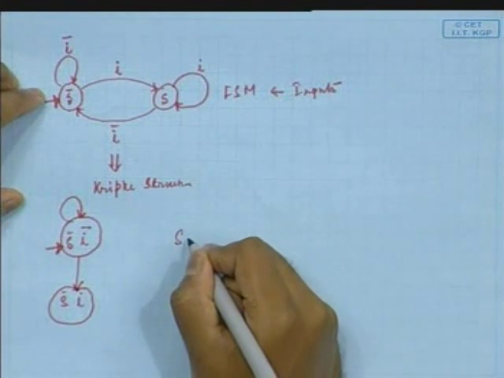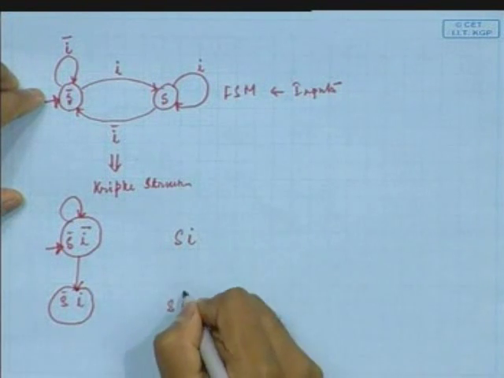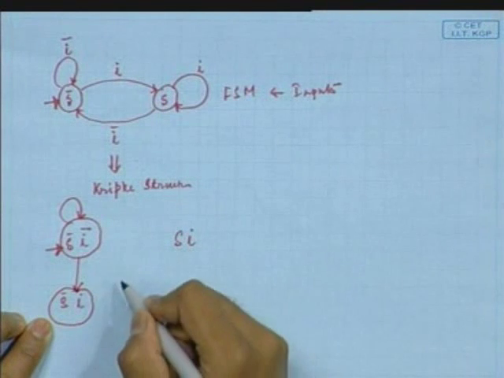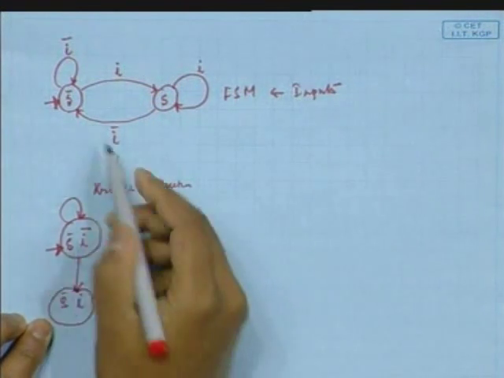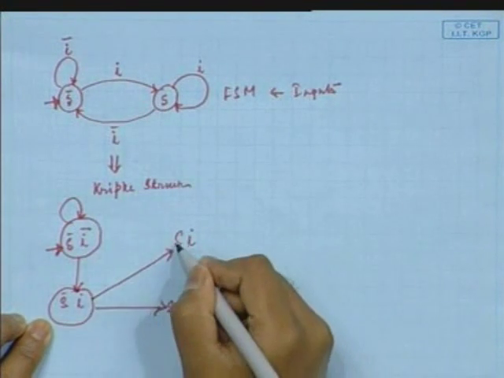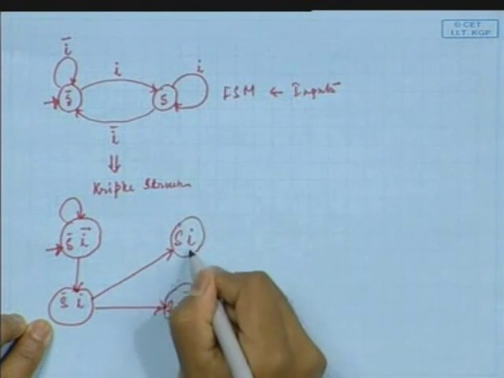Similarly we have Si here, Si bar here. Now from here Si, since if it receives input I, it has to go to S. Now S is true here, S is true here, but we don't know which one of the inputs will be true here.